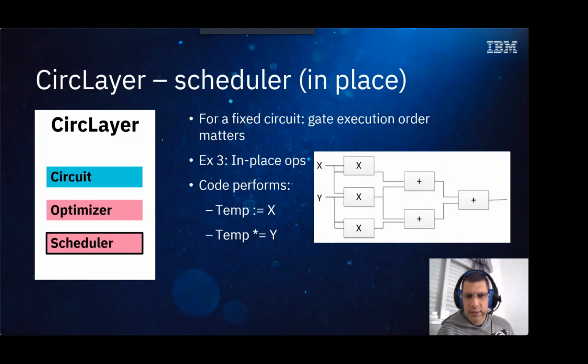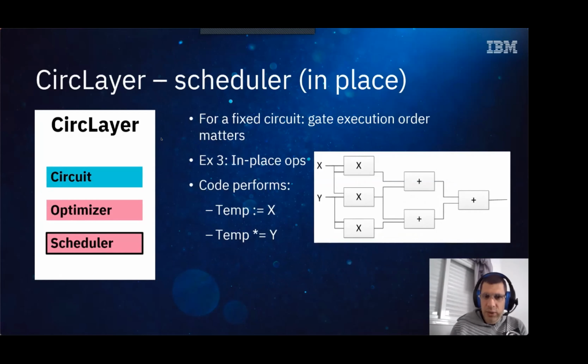The next strategy is what we call in-place computation. Think, for example, we have a C++ code where we assign x times y into a variable called temp. What actually happens is x is copied into temp, and then temp and y are multiplied.